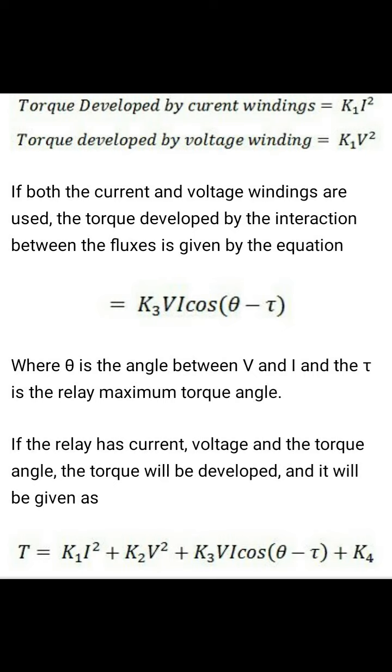Tau is the relay maximum torque angle. If the relay has current, voltage and the torque angle, the torque developed is given as T equals K1 I square plus K2 V square plus K3 VI cos(theta minus tau) plus K4.